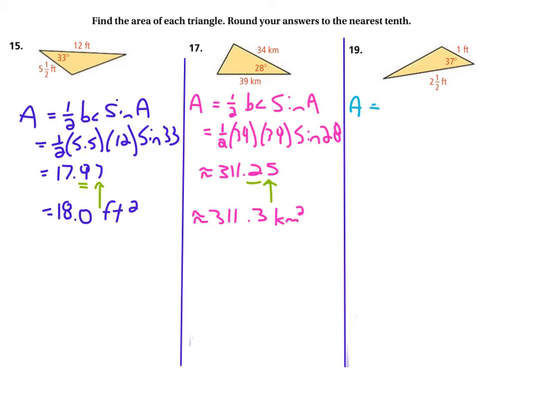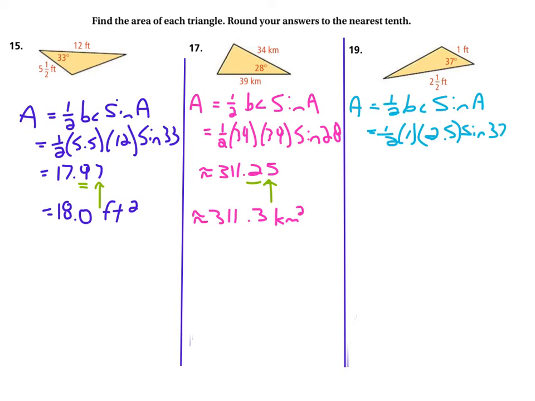We have area equals 1/2 B times C times sine of A. So we've got 1/2 of 1 times 2.5 times sine of 37.